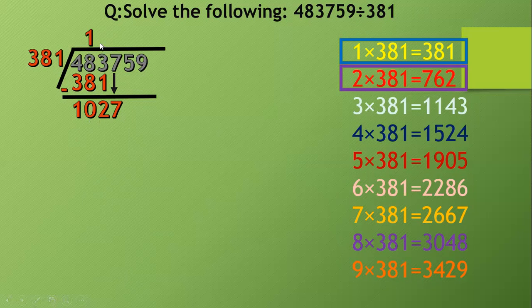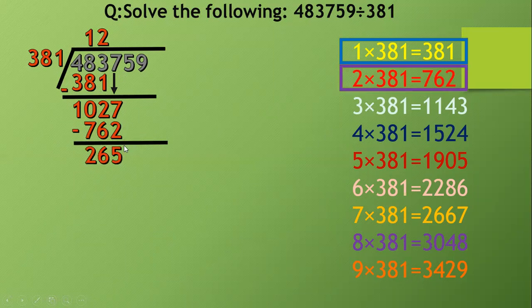So we will write 2 in quotient and 762 here. In next step, subtract 762 from 1027 and our answer will be 265.